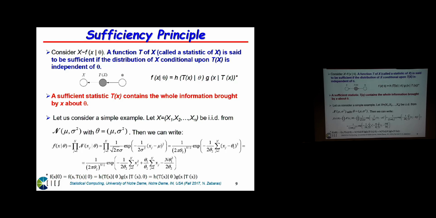Okay, so again, with the definition of the sufficient statistics and the independence statement that I mentioned, that given T of x, x and theta are conditionally independent, you can factorize the likelihood, the probability of x given theta, as a function of T of x and theta, and a function of x and T of x. This is very important. It tells you that theta comes in one function together with T of x, not with x.